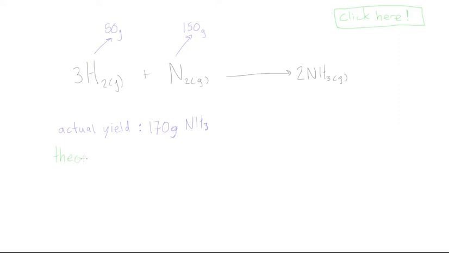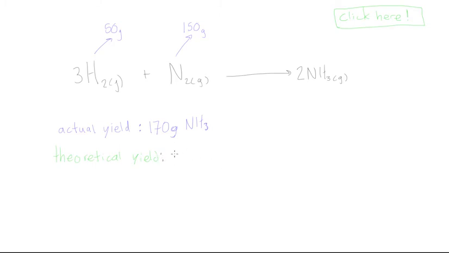So let's write that here. Theoretical yield. Okay, so if we just did this problem, we know from before that the nitrogen here was the limiting reactant. So let's do it in black so we're all caught up.